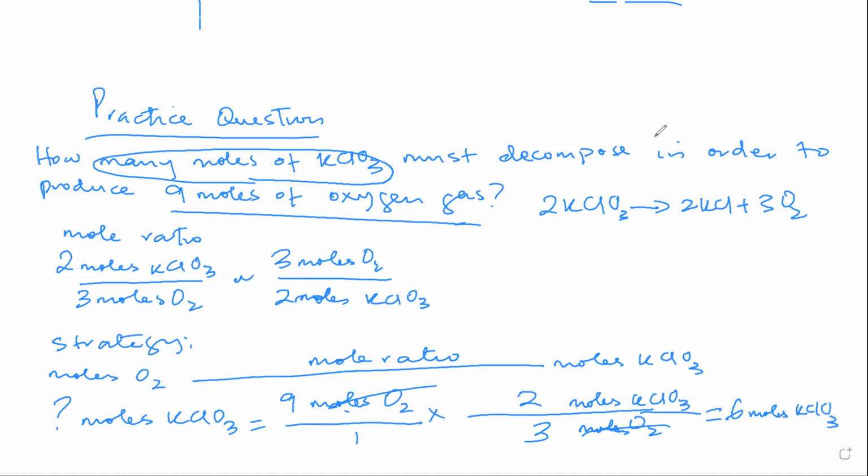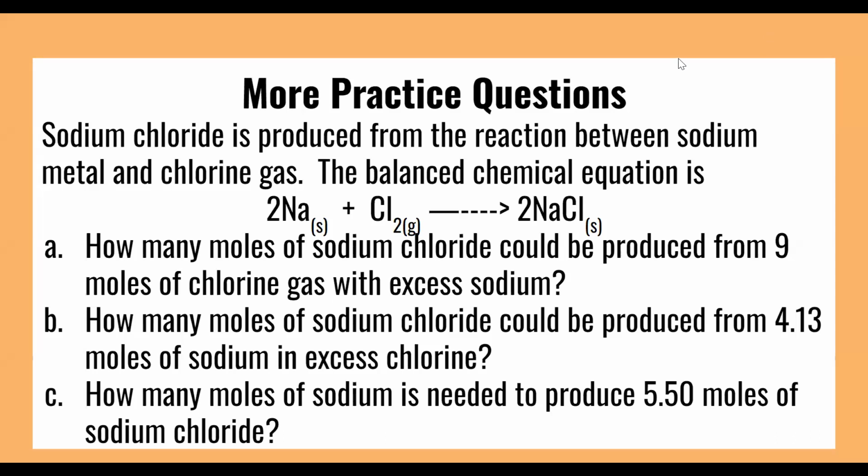Hopefully, you did well. Let's pause the video and do these practice questions. Sodium chloride is produced from the reaction between sodium metal and chlorine gas. The balanced equation is this. How many moles of sodium chloride could be produced from 9 moles of chlorine gas with excess sodium?